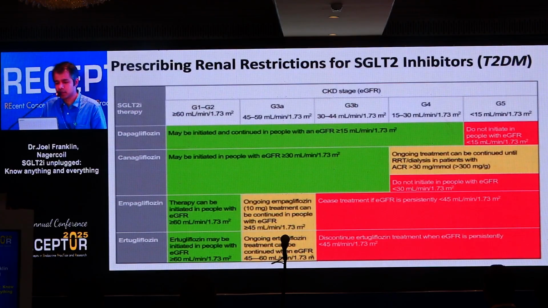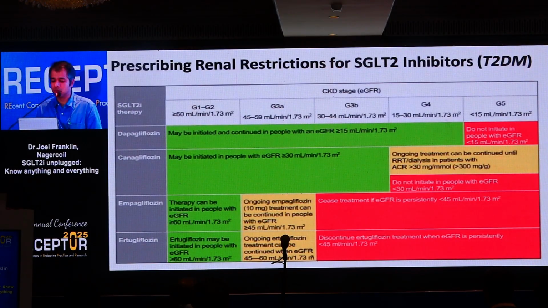For canagliflozin, you can start if the EGFR is more than 45, and for empagliflozin, you can start if EGFR is more than 60, but it can be continued till EGFR is 45, and then better to stop. This is primarily for glycemic control.